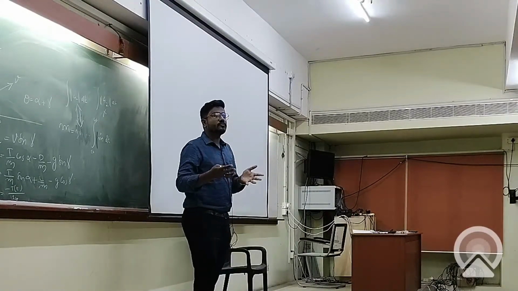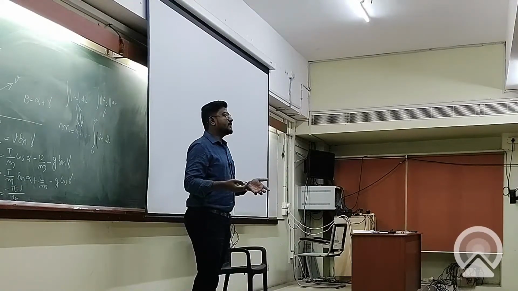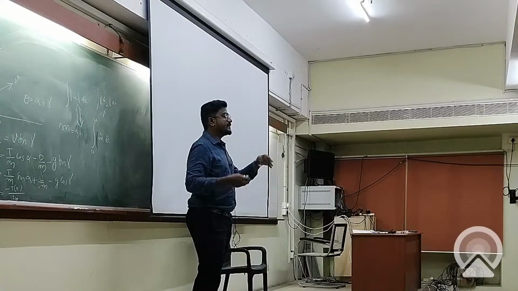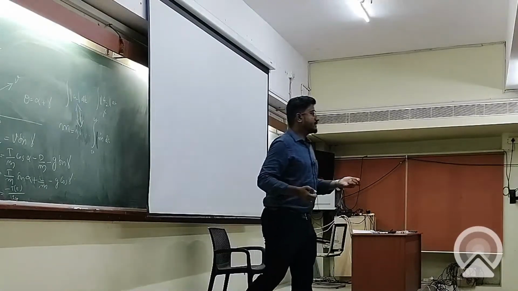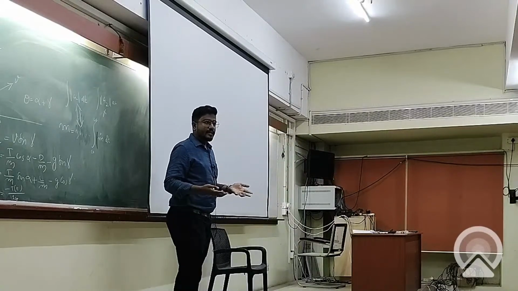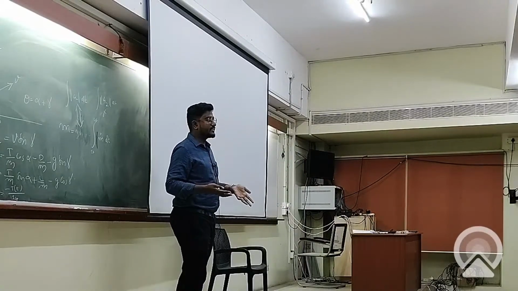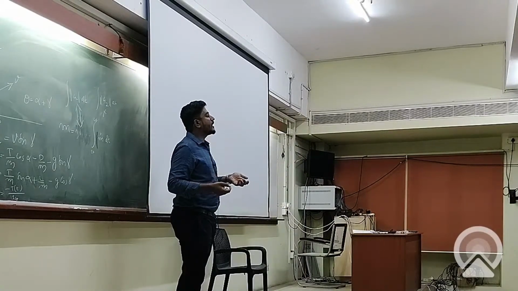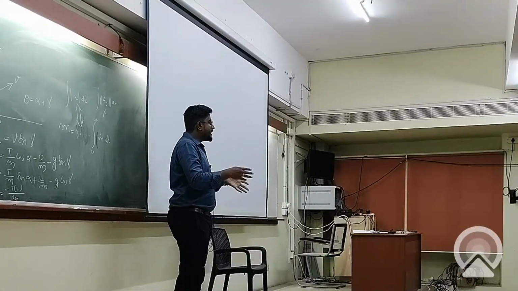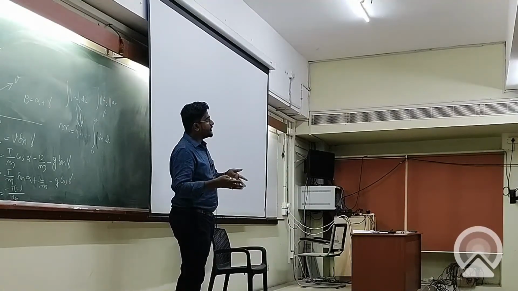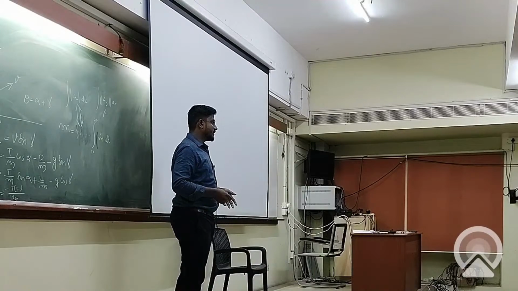The orientation is determined by three angles: longitude of the ascending node, inclination, and argument of perigee. That makes it five, right? A, E, I, Omega, and argument of perigee.